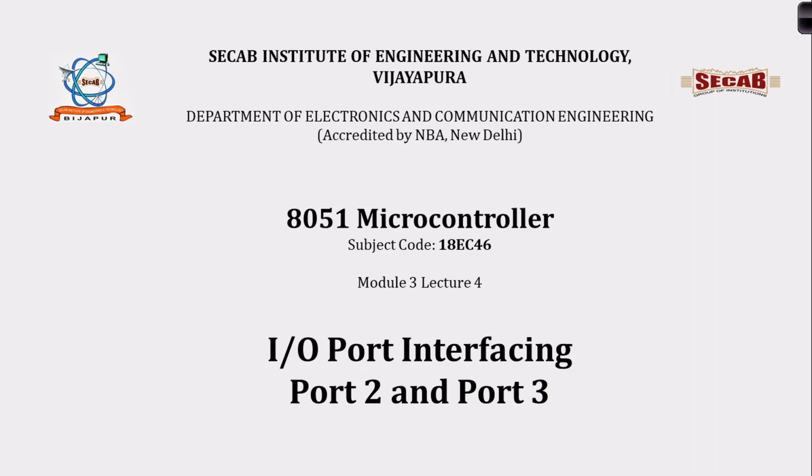Then we looked into port 1, how it can be used as an input port as well as an output port, and we looked into some small simple programs showing how the input port and output port are made.